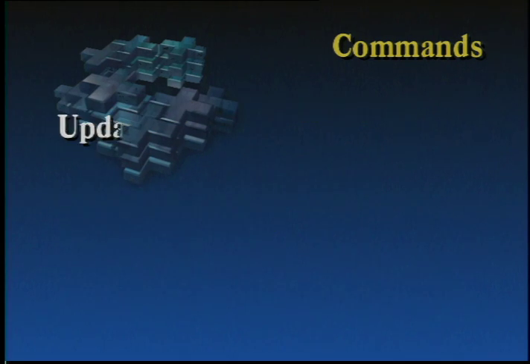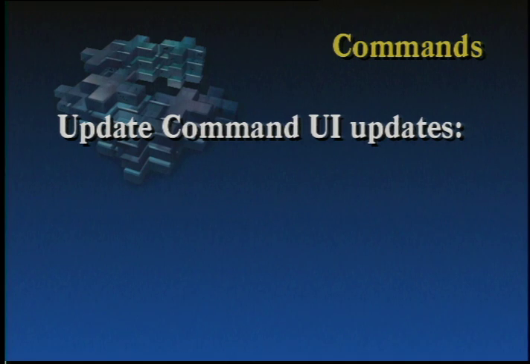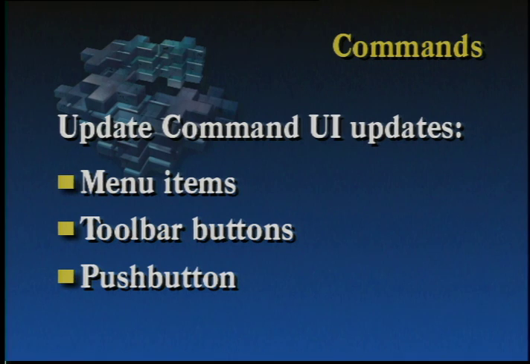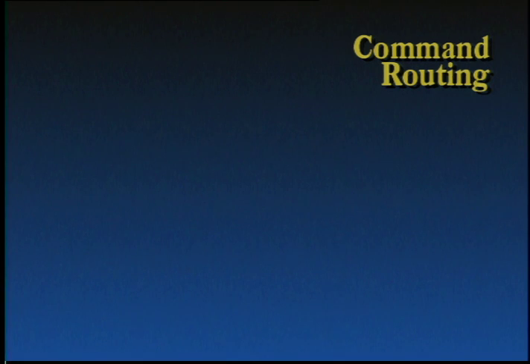We've also made it possible for any given class to update the user interface. What that means is whether a menu item is currently enabled or disabled can be handled and written in a very object-oriented, type-safe fashion. As your user interface changes from menu items to toolbar buttons, you don't have to rewrite any code.